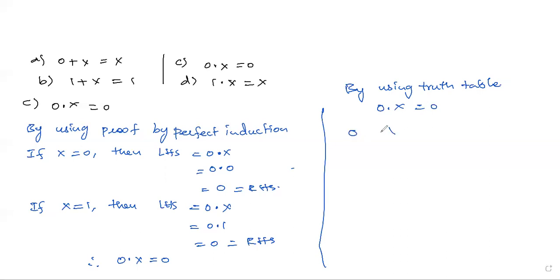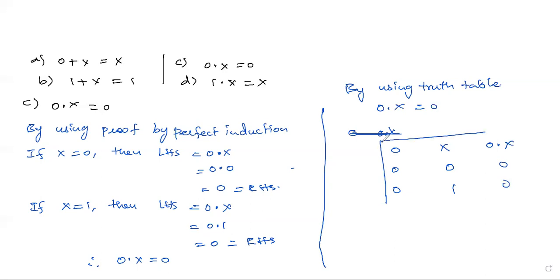The columns are x and 0 and x: 0, 0, 0, 1. When we have one variable, the possible values will be 0, 1. So 0 and 0 is 0, and 0 and 1 is also 0.